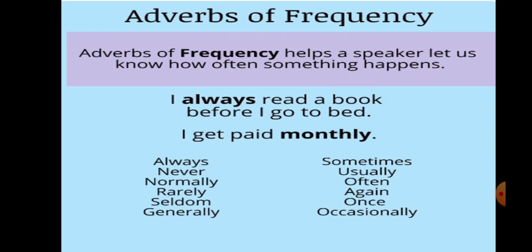Downside a few words are given, that is always, never, normally, rarely, seldom, generally, sometimes, usually, often, again, once, occasionally. All these words are adverbs of frequency. So you can use these words and make sentences and do practice.